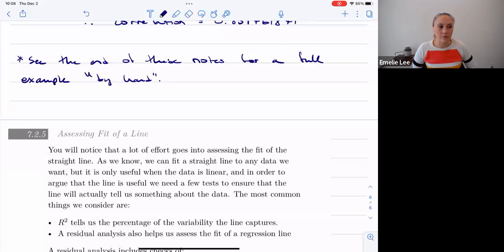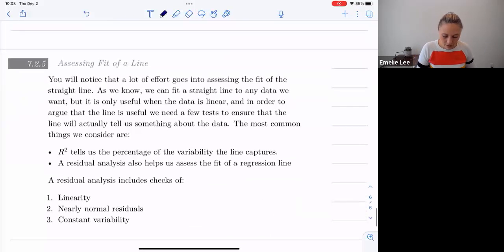But because I'm short on time here, I do want to just wrap up by talking about, okay, once I've fit a line, then how can I talk about how well it fits?